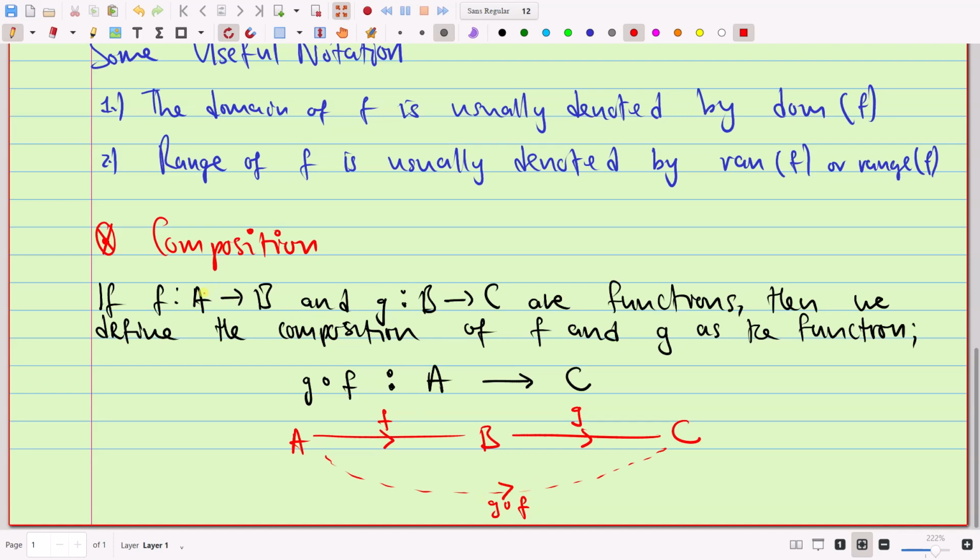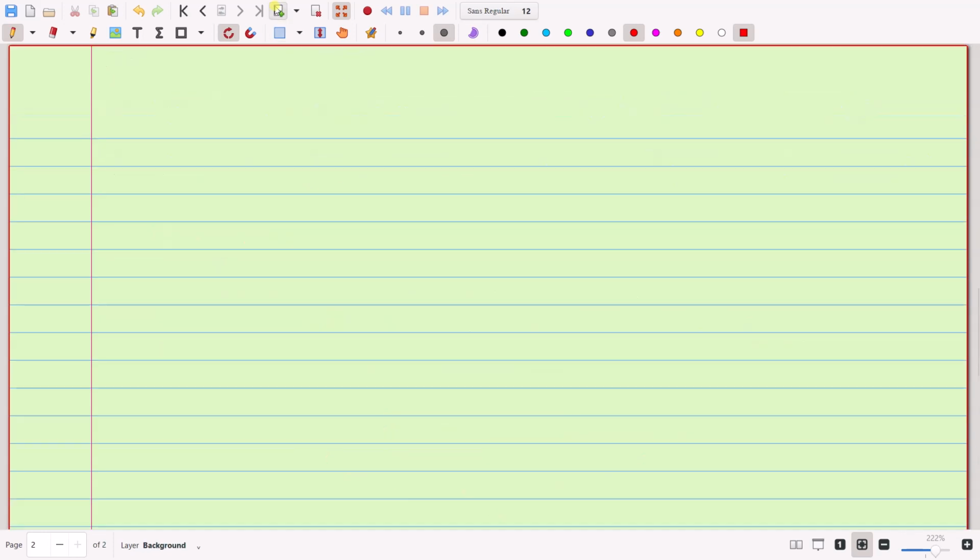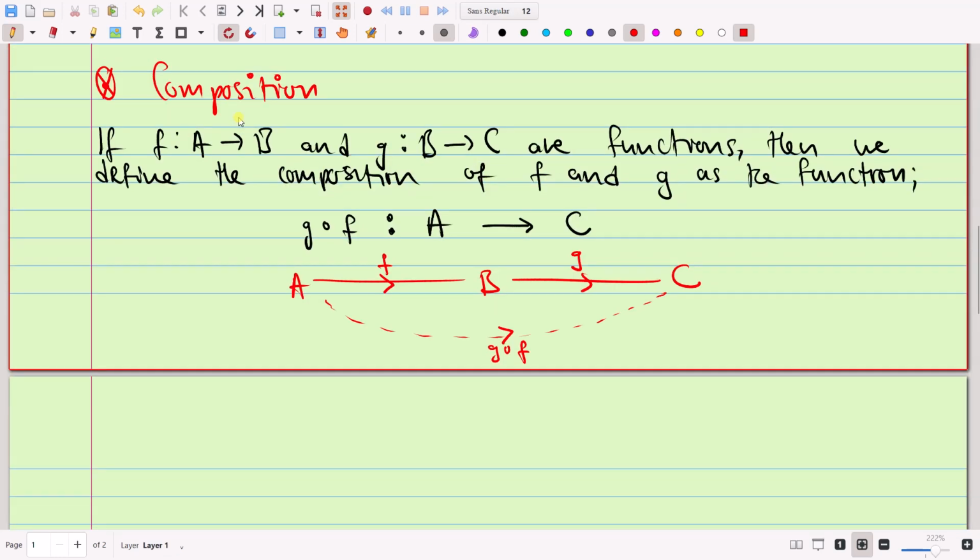So always make sure that you pay attention to the order, because if the two functions given are defined that way, then the composition must be g o f, not f o g. So if you write f o g, it will be completely wrong. You see. And this is clarified mostly by how we define the composition.